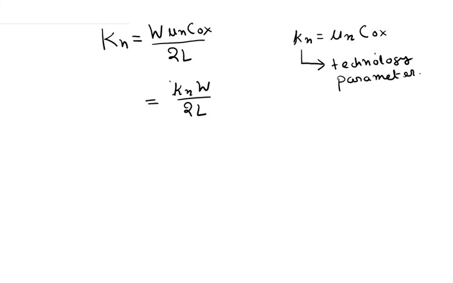Or it can be said as the process parameter, because the thickness of the oxide basically depends on which process we are using to fabricate the MOSFET, and so this one is known as the process parameter. So the thickness of the oxide determines this Cox. And capital Kn is basically known as the conduction parameter.